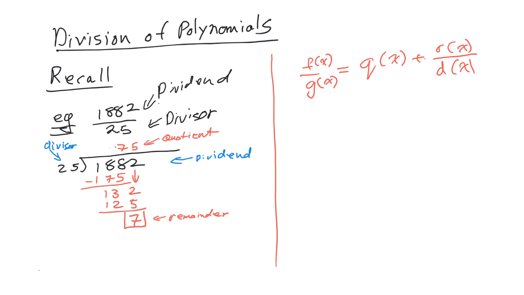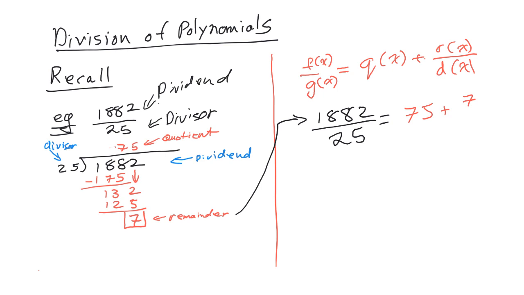Now, here is an analogous form from what we just learned. So let's say I have 1882 and we divide by 25, right? When you take 1882 and divide by 25, the answer is given as this: 75, I'm going to put that in red, which is our quotient, plus the remainder, which is 7, divided by 25.